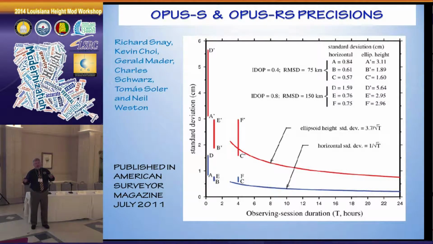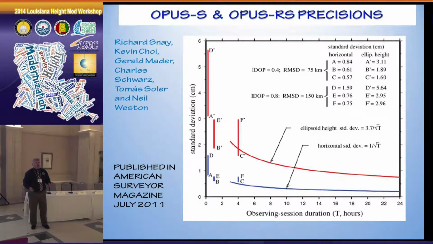However, its application really can be applied to a real-time network because OPUS rapid static uses the same thing. It uses up to 9 stations to surround you, wherever you are. Could be 3, could be 9, but it tries to make an umbrella around you and create an adjustment within itself, then an adjustment for where you are. Same thing with a real-time network.